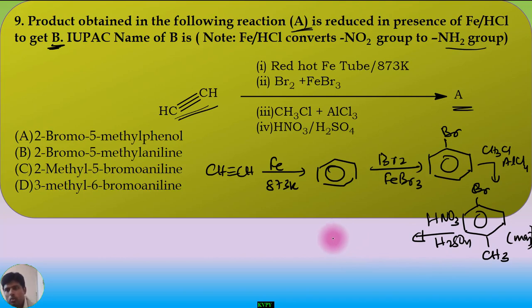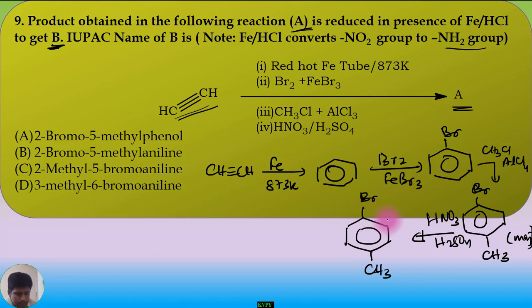So now we have two options. Br here is ortho-para directing. So CH3 came there. Now out of these two, which one will dominate and what product should come is our challenge.